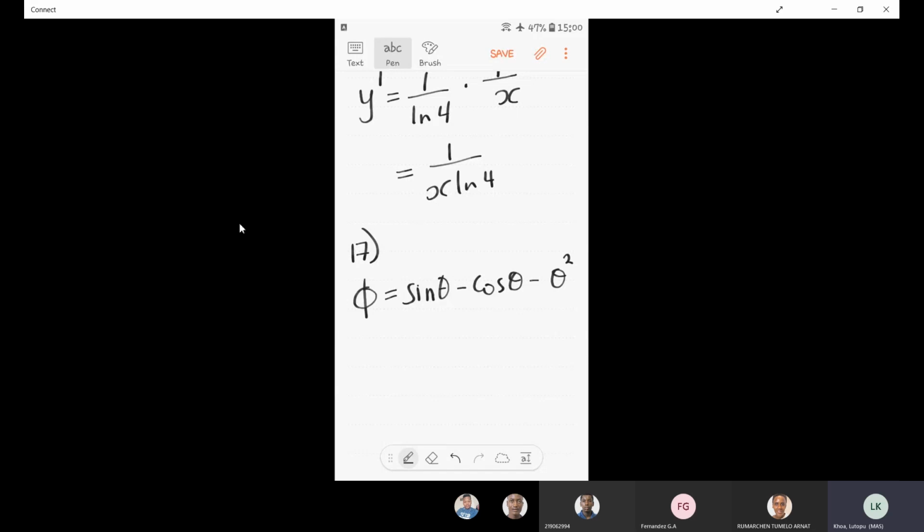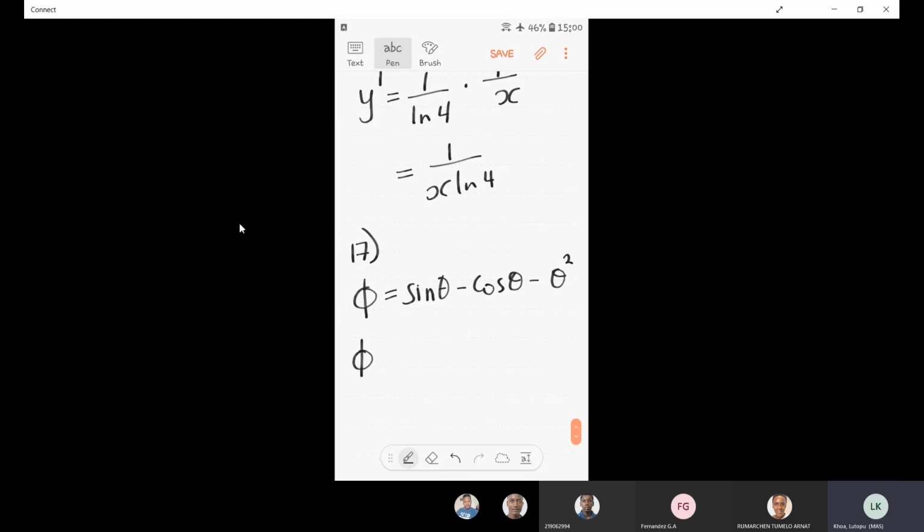So here you must think of your phi and theta as your y and x. So this would be your y, and then this one here would be your x. Okay, so we can use different letters. It's not always going to be x and y. You can have theta, phi, and whatever other variables. But the method is still the same.